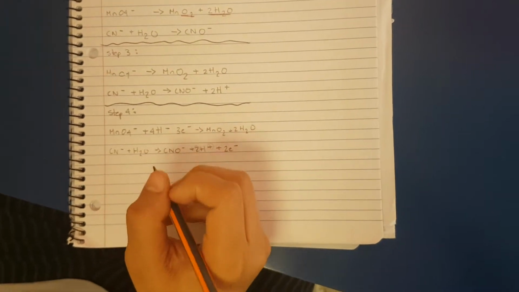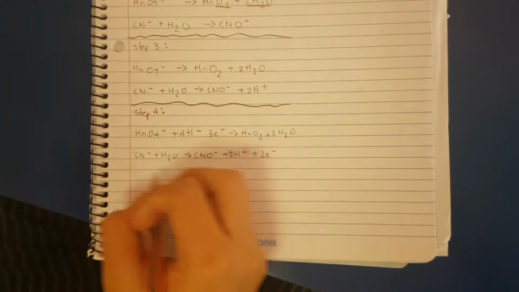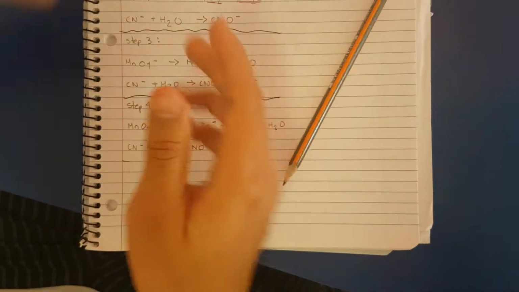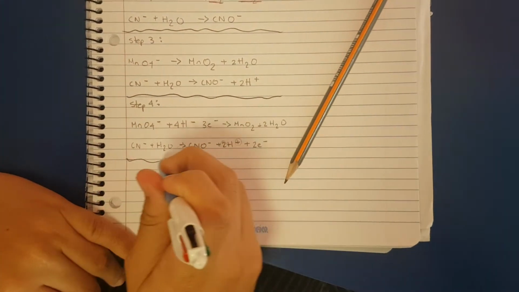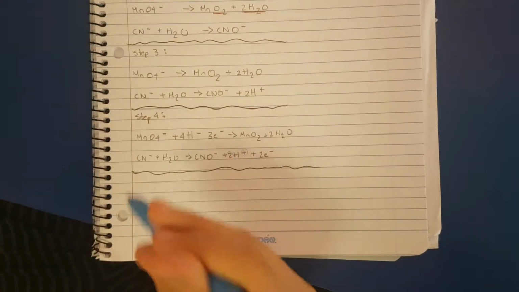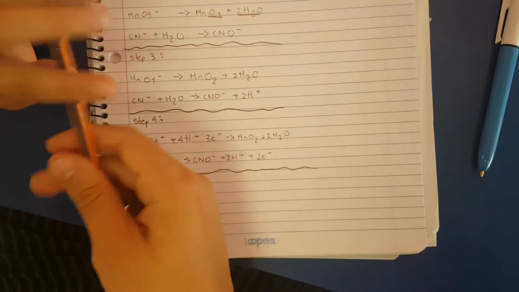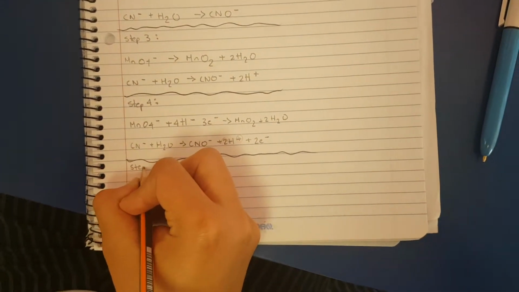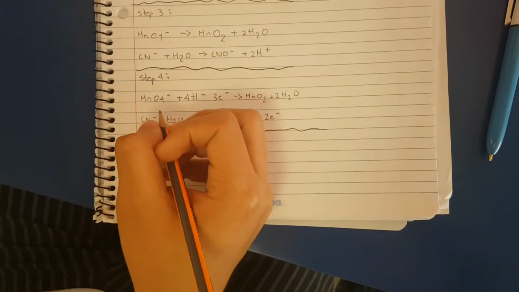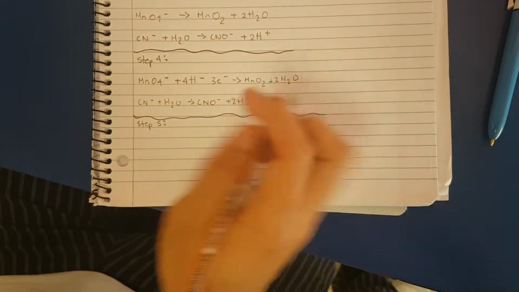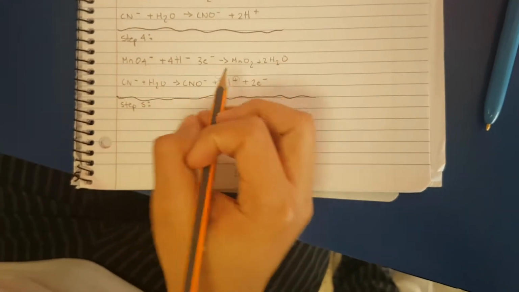And then for step 5, you gotta multiply each of the rows by its opposite number.